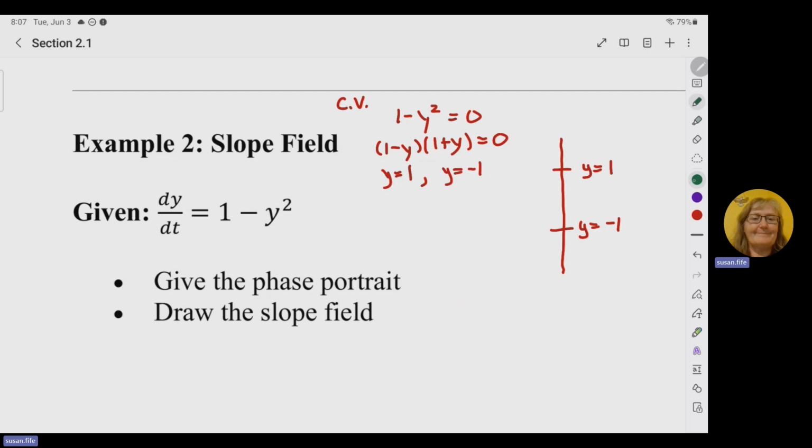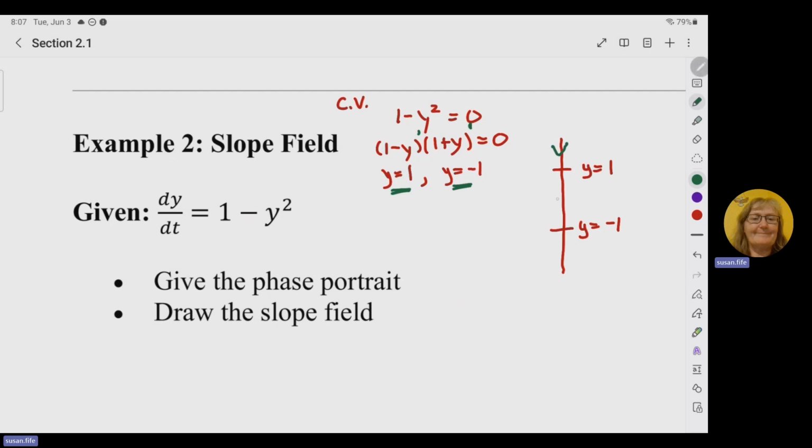I'm going to quickly label these critical values. I know that when y is large, 1 minus y squared is going to be negative. And so above y equals 1, I'm going to have a negative slope. And I know that because these critical values show up one time, the factors have a power of 1. I'm not going to have any even multiplicities. That tells me at each critical value, the slope is going to change signs.